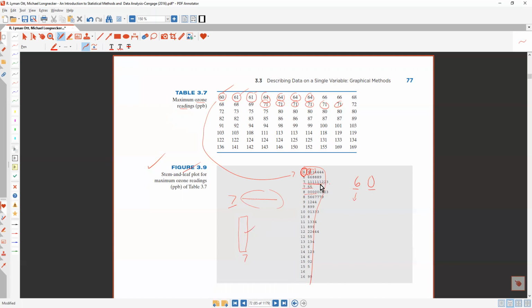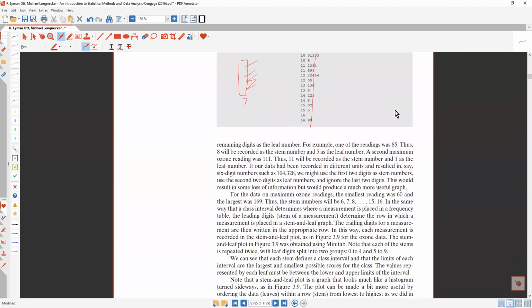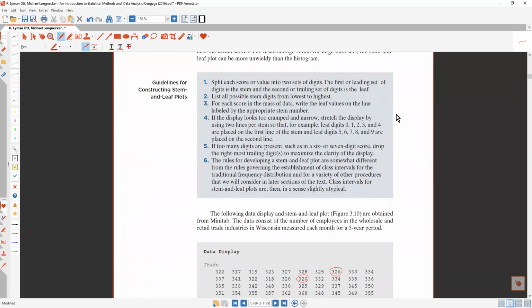That's what's key to the stem and leaf plot. You can think of it almost like a naked histogram, right? Because in the histogram, you can't see what's inside here. Whereas in the stem and leaf plot, you can actually see those numbers. Okay. So stem and leaf plots are useful for plotting data and getting the sense of a distribution.